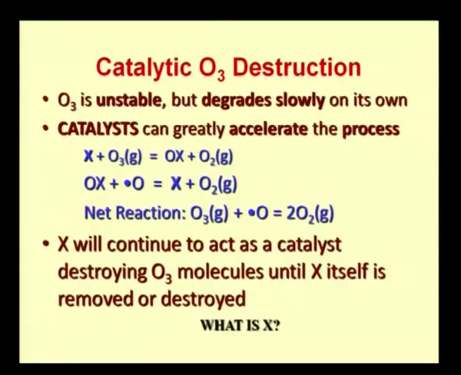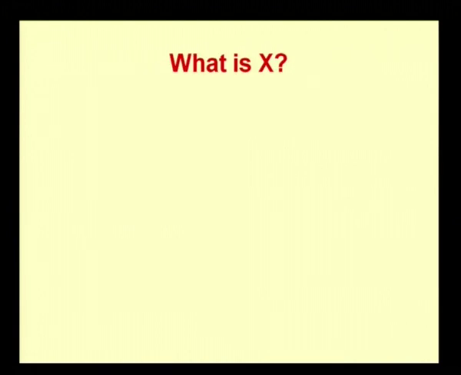At the same time the catalyst is not altered, and therefore it will react with some other ozone molecule. The same process is repeated until X, the catalyst, is destroyed or removed from that process, and so in that way the ozone is converted into oxygen.